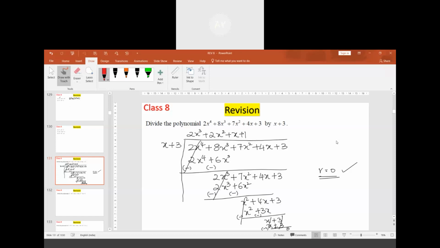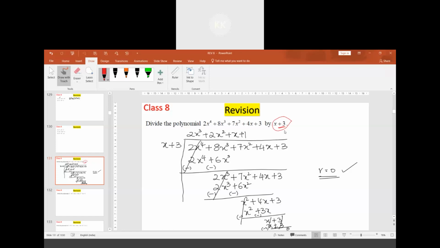How will you divide all the terms separately? It's a binomial. When a binomial is there, we cannot separately divide. Only if a monomial is there, we can divide separately. Yes, if a monomial is there, you divide separately, no issues. But if a binomial or trinomial is given here, you cannot separate it and divide.